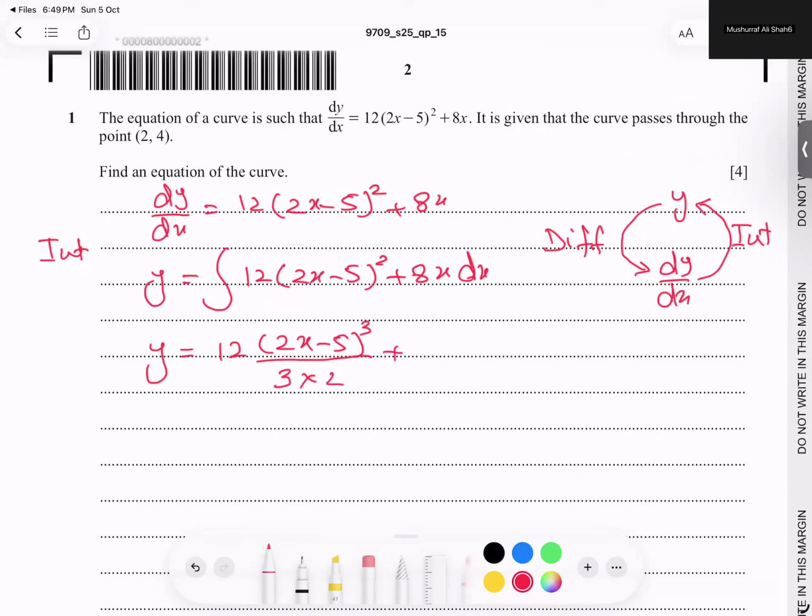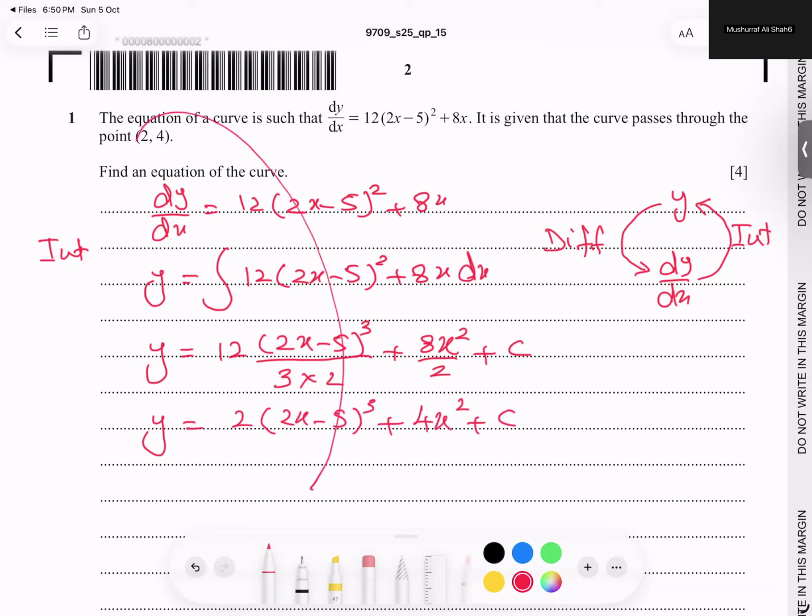And what is 8x? Increase the power by 1 and divide by the same, and plus c. So 3 times 2 is 6, and 6 into the 12 cancels out. And y is equal to 2 times (2x minus 5) to the power 3. And here 2 and 4 cancel out, we got a 4. This is done.